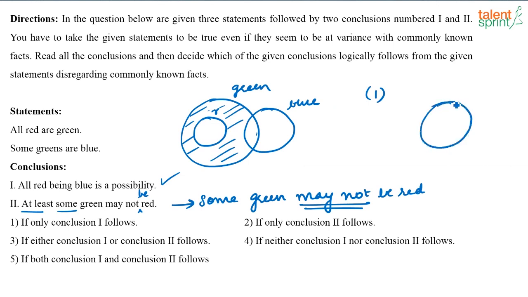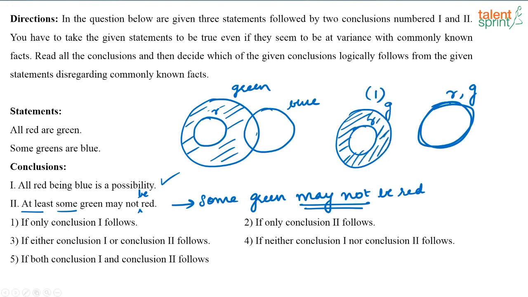Both of them can be the same set, because the maximum case of some is all. Either the set red and green can be like this, or this can be red and this can be green. So definitely it's a possibility that this shaded region, this green, is not red.